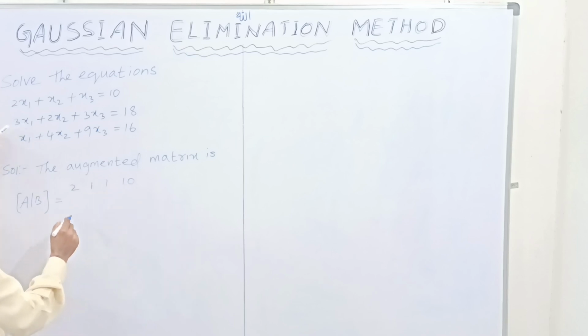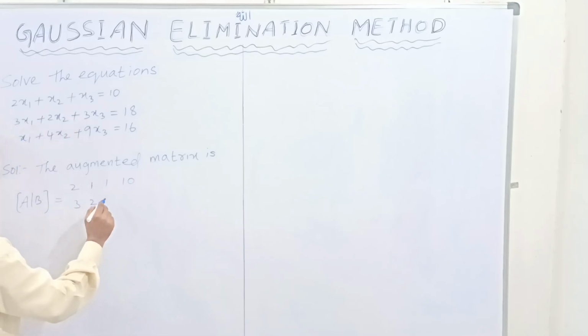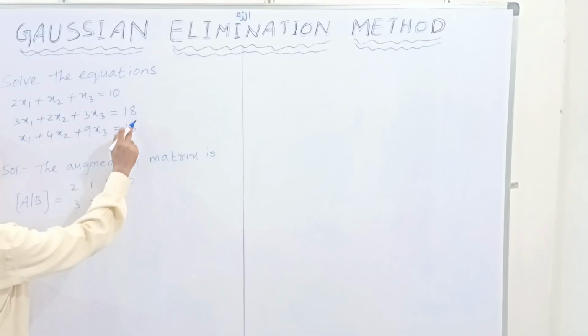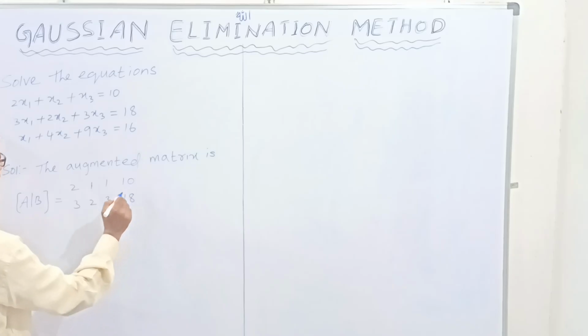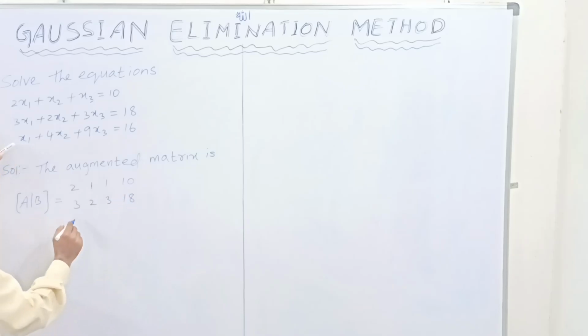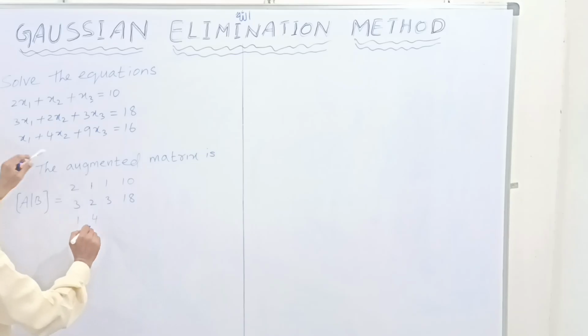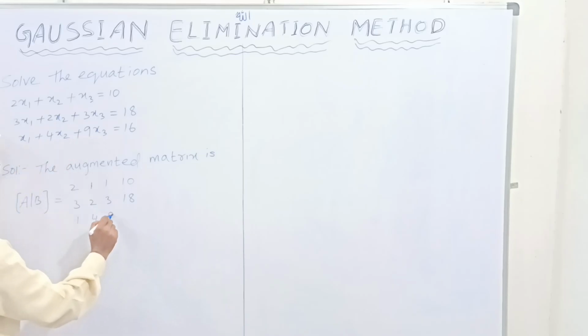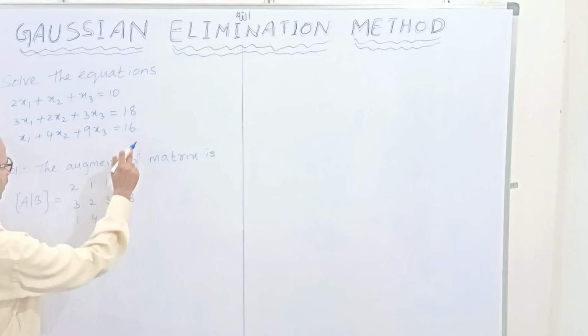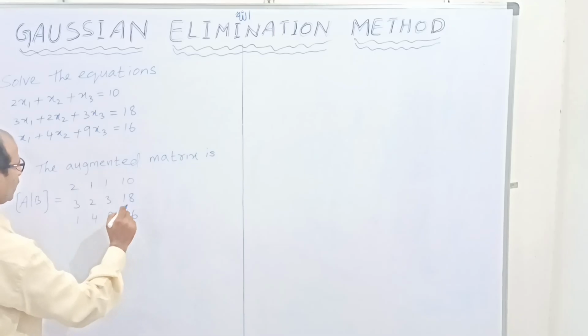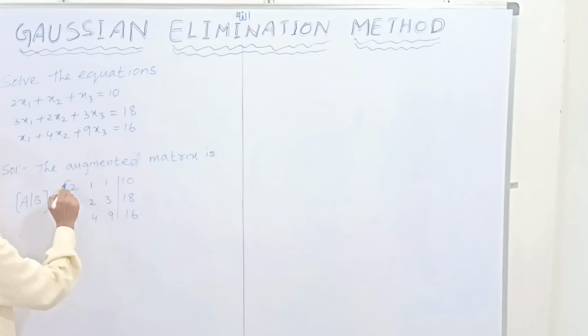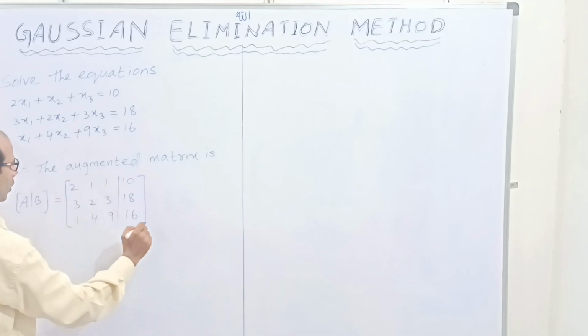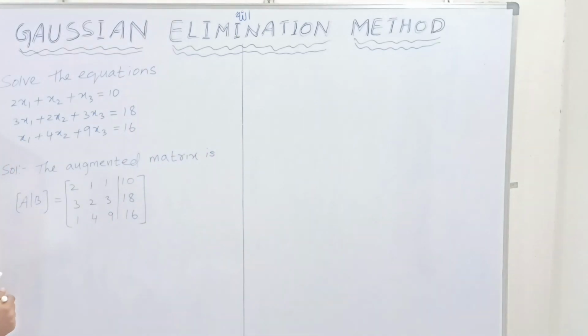Similarly, in the second equation, coefficient of x1 is 3, coefficient of x2 is 2, coefficient of x3 is 3, the constant is 18. In the third equation, coefficient of x1 is 1, coefficient of x2 is 4, coefficient of x3 is 9, the constant is 16. So this is the augmented matrix.